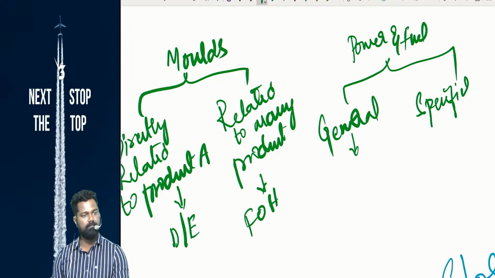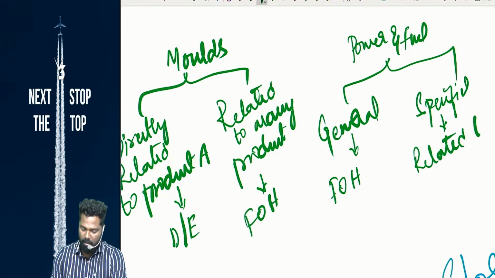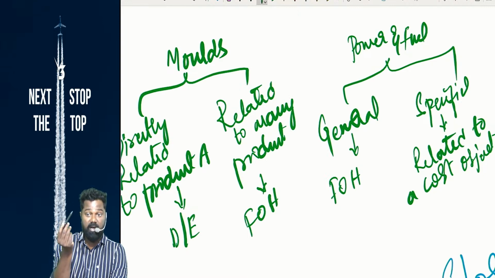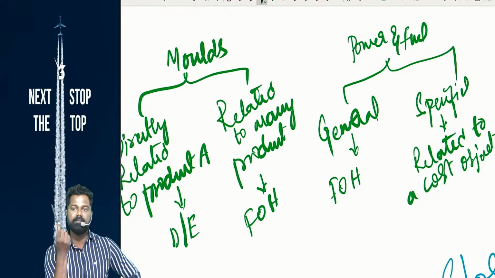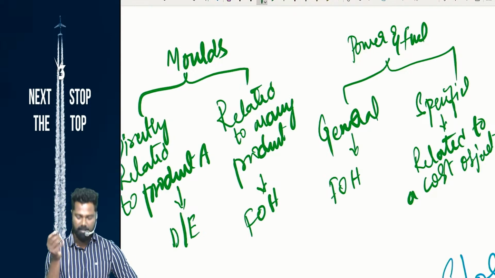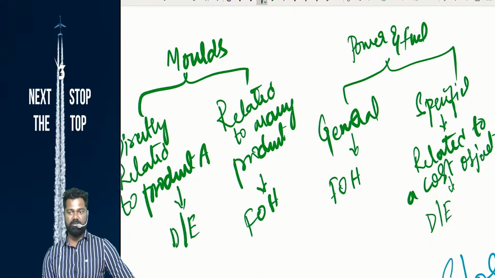If it is specifically related to a cost object, don't be confused. What is a cost object? What we are finding the cost for is called the cost object. If we are finding out the cost for a pen, then the pen is called the cost object. Simple. Clear or not? So in that case it will go to direct expenses. If you want, you can note this down. Clear? Chalo.